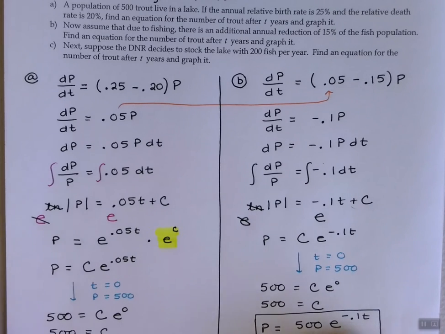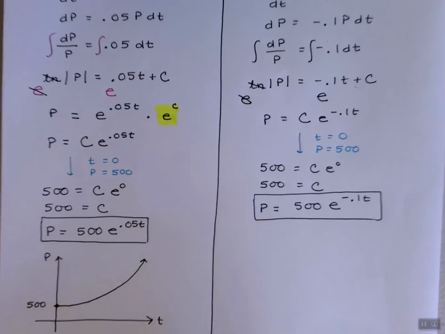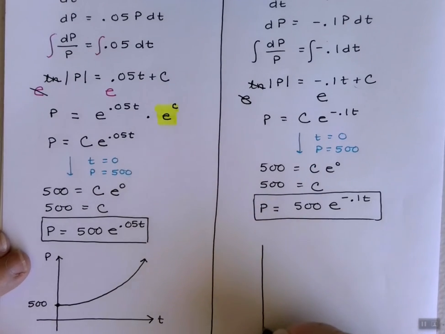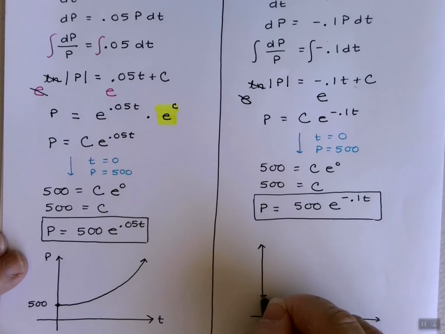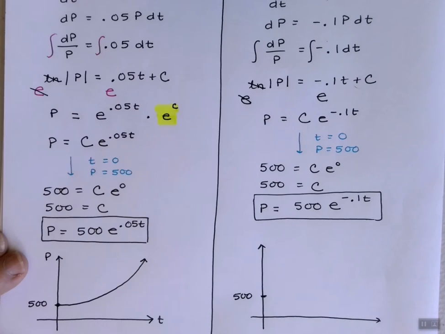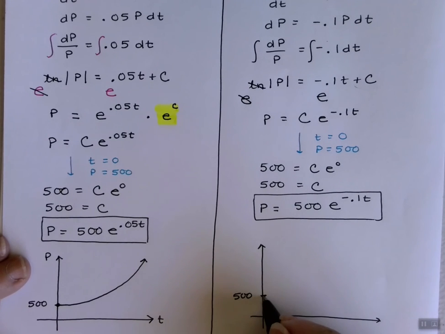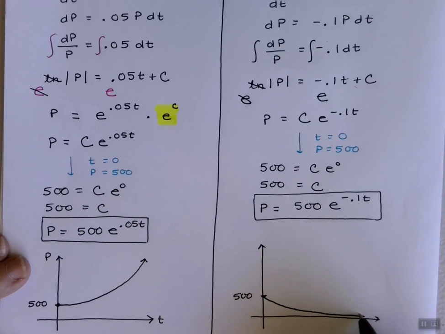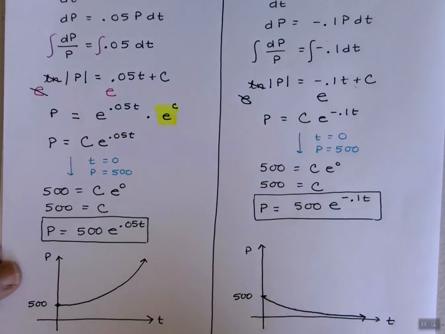This time we've got a negative exponent, so this is going to be exponential decay. Starting with that same population of 500, it's just going to slowly decay down to 0 over time.